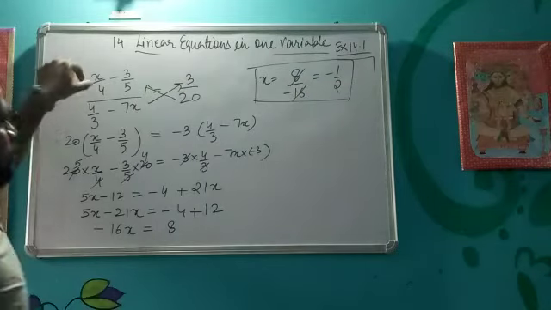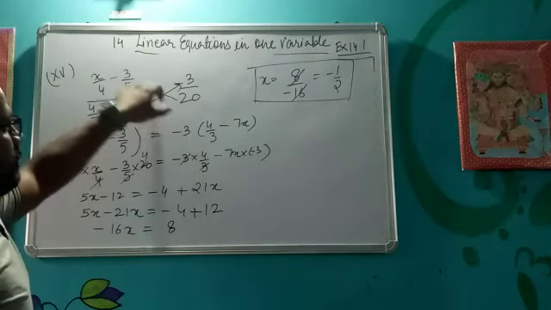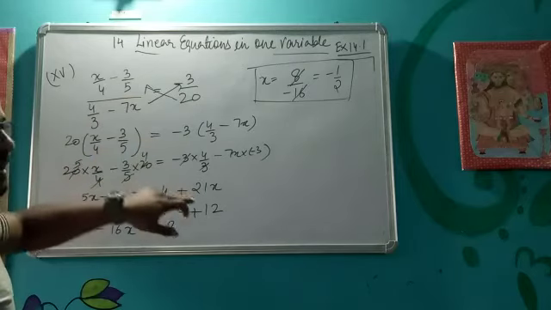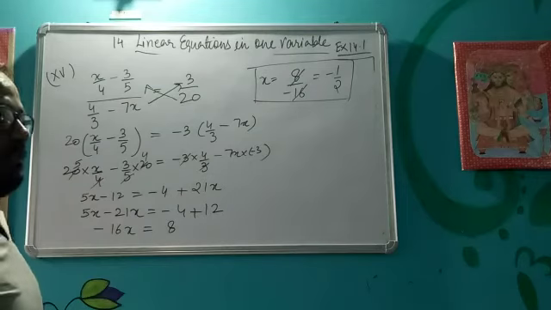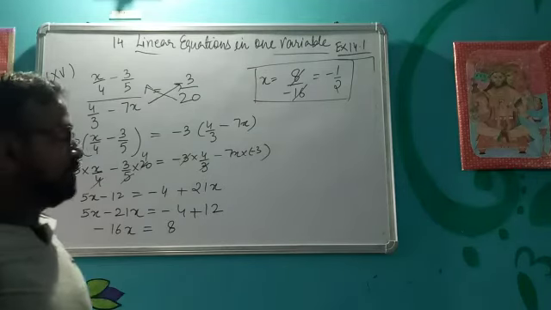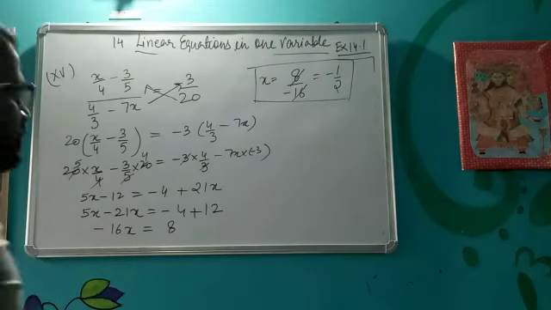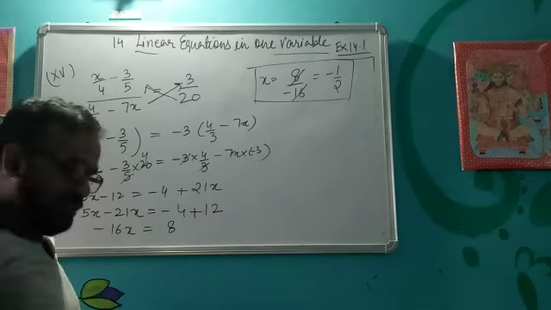Okay, so instead of taking the LCM here and then solving it, you do the cross multiplication. You do the cross multiplication, you will get the expression in this form. So finally you will get x equal to minus 1 by 2. Okay, so these are the three questions that we have discussed. In the next video, we will discuss the remaining problems.